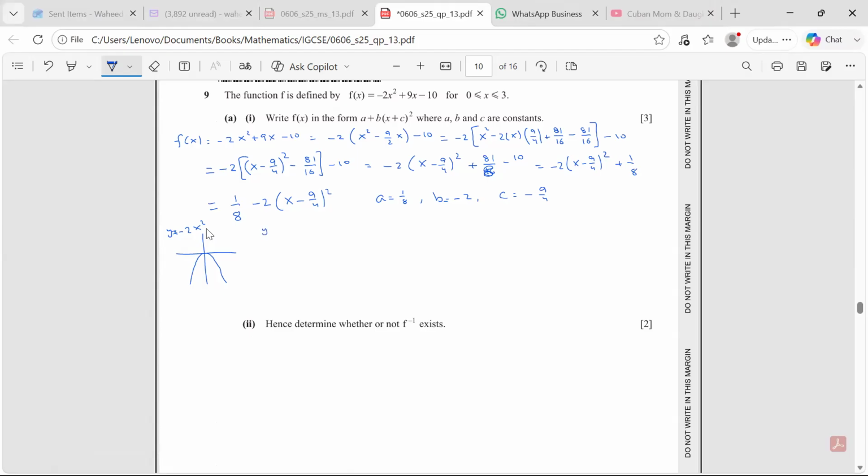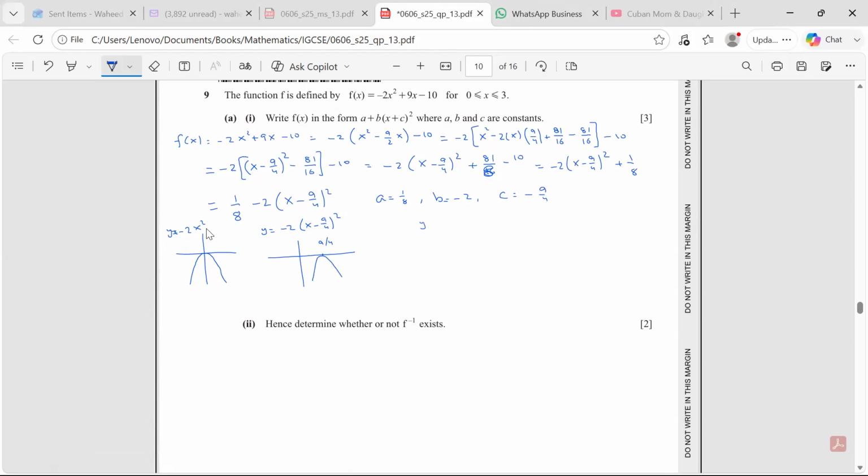If I have y equals minus 2 and x minus 9 by 4 squared, this would be the same parabola shifted to the right by 9 by 4. So it is a parabola something like this.